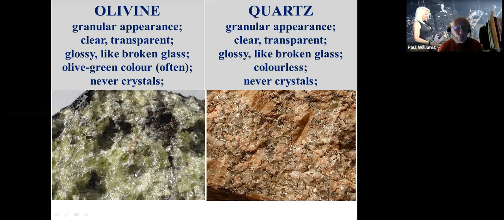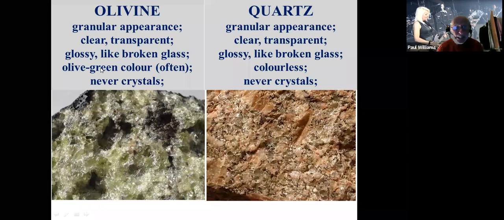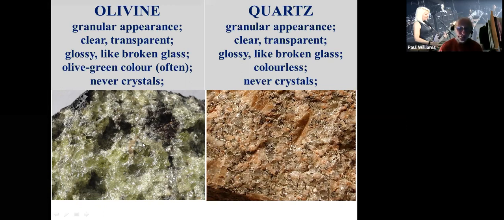It looks like green broken glass, broken bottle glass, green. And it's got this olive green color. And as it says there, it is never as a crystalline form. And this is the mineral olivine.